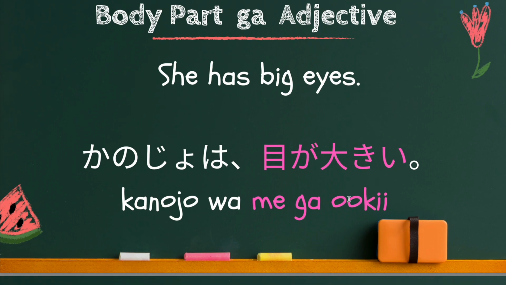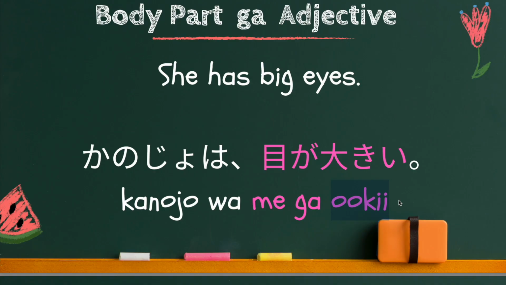For example, she has big eyes. 彼女は目が大きい。So, 目, this is her body part, eye. Then, が particle and lastly adjective, 大きい, big.